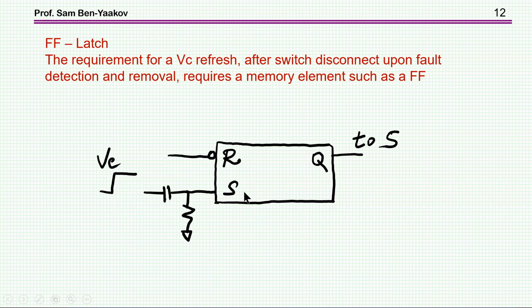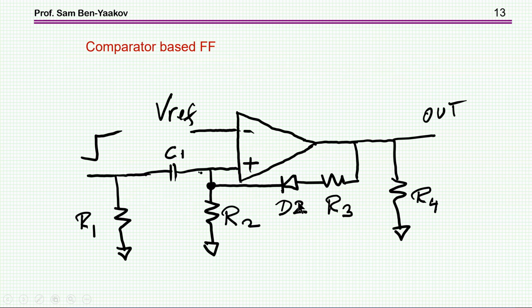And then, of course, you need to refresh it by another input. So we do need this flip-flop. Now, since we are going to have comparators in the system, there's no sense in adding another element. Usually, comparators come like 4 in a package, so probably we are going to have some left over.